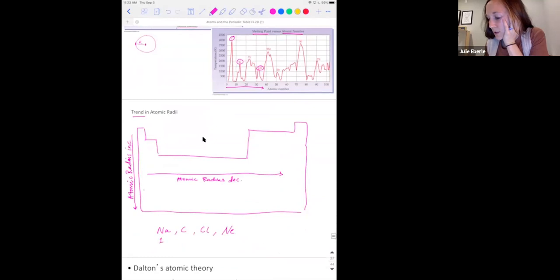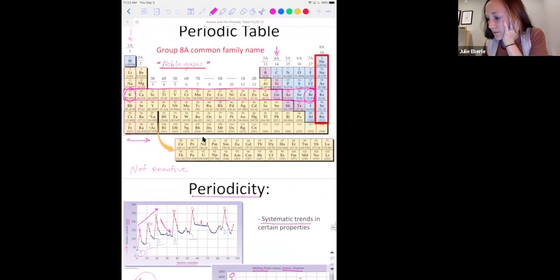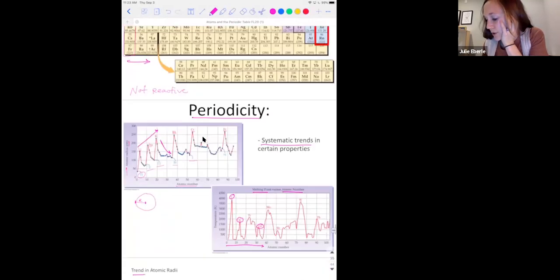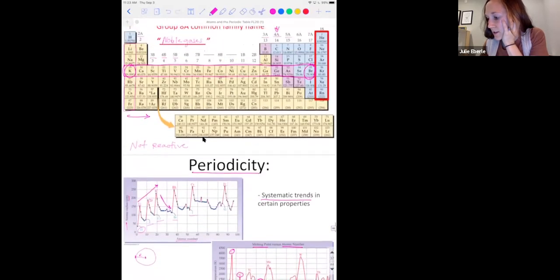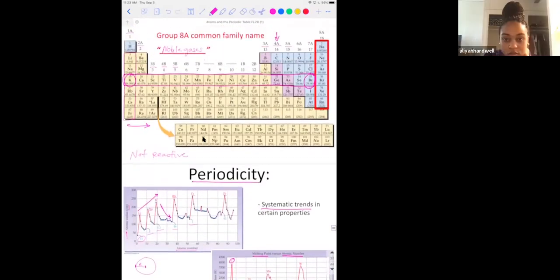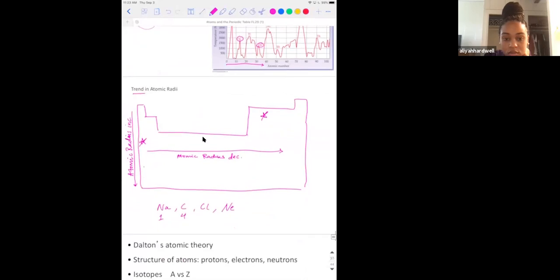Where's carbon? It's in main group 4. So I'm going to put a little star. Sodium's roughly over here. Carbon was like right here. What about chlorine? 7. And neon? 8.